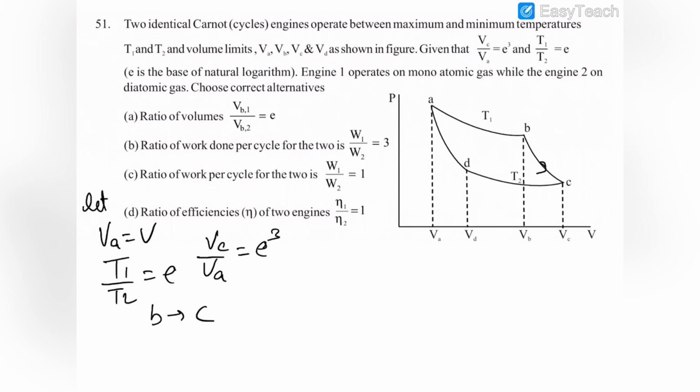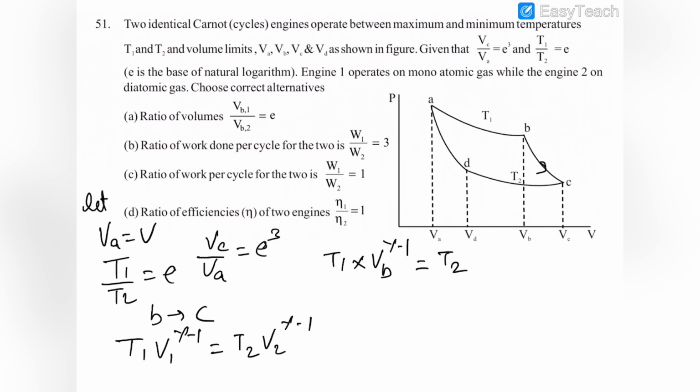In adiabatic expansion, the equation is T1 V1 to the power gamma minus 1 is equal to T2 V2 to the power gamma minus 1. The temperature at point B is T1 and the temperature at point C is T2. So T1 into Vb to the power gamma minus 1 is equal to T2 into Vc to the power gamma minus 1.